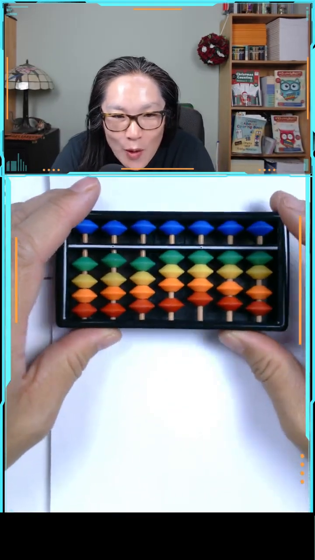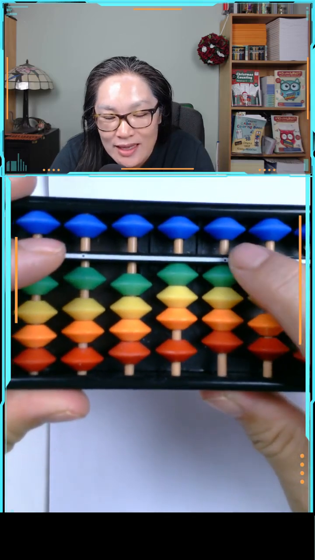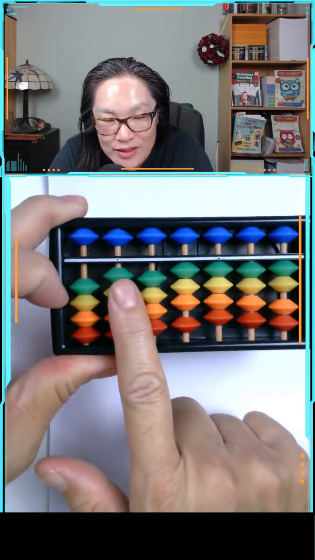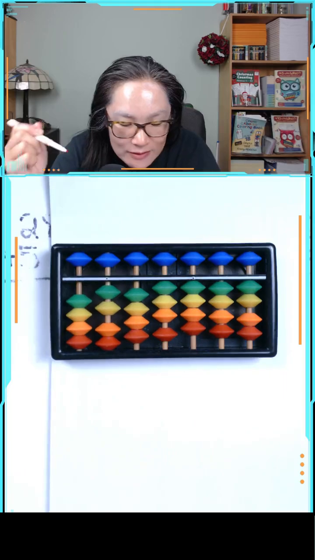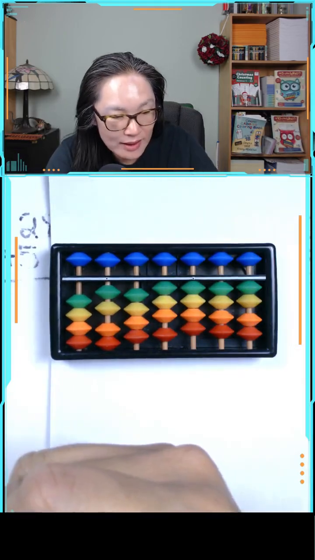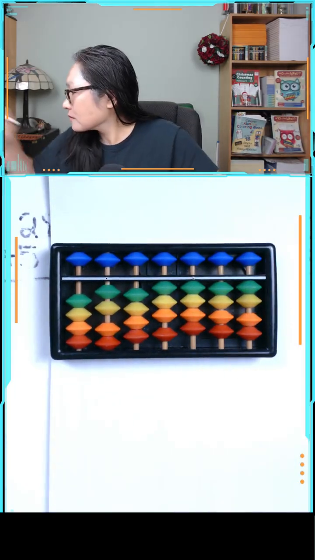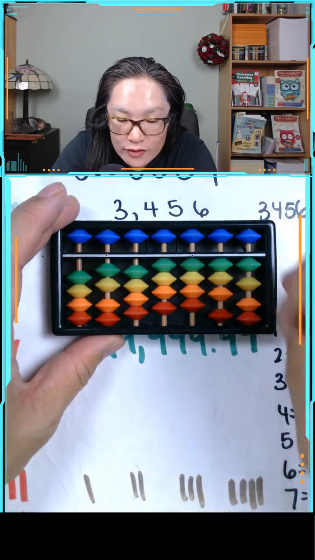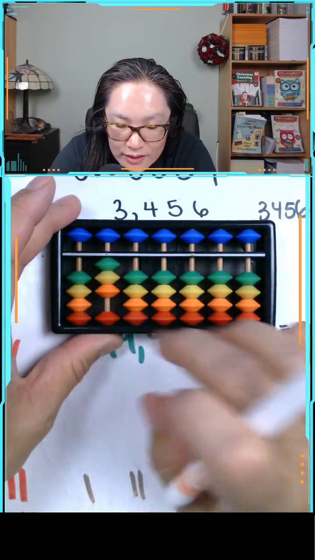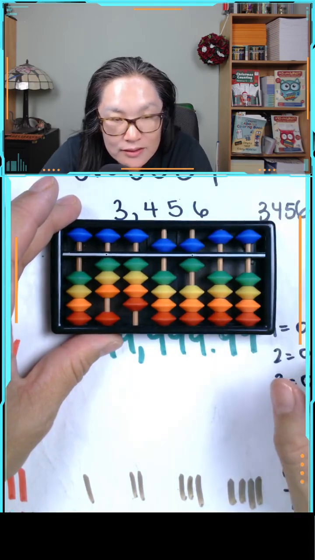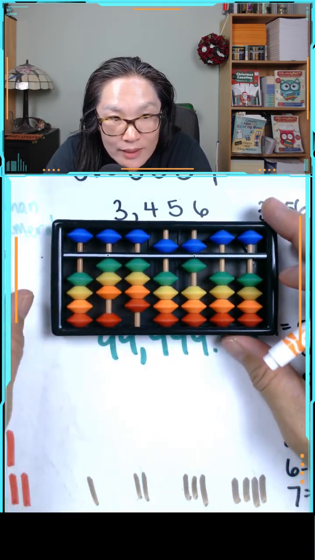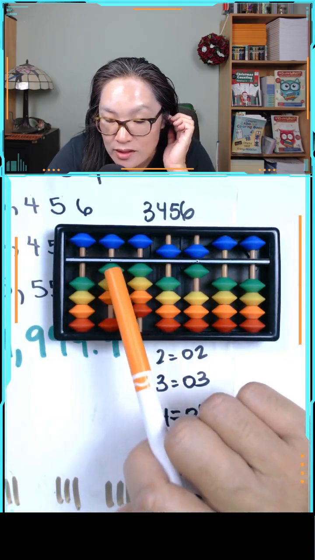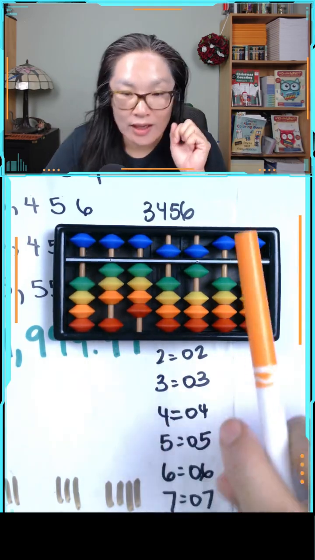So this is the ones. This is grouping, right? This is actually the thousands. Just like how we write 3,456. It's a lot easier to see with a comma, isn't it? As opposed to without it. That's why the dot's there, just to help us label where the comma is.